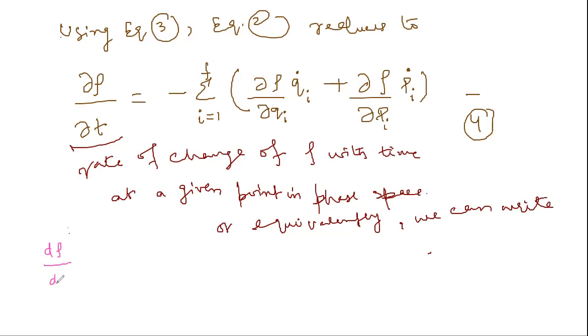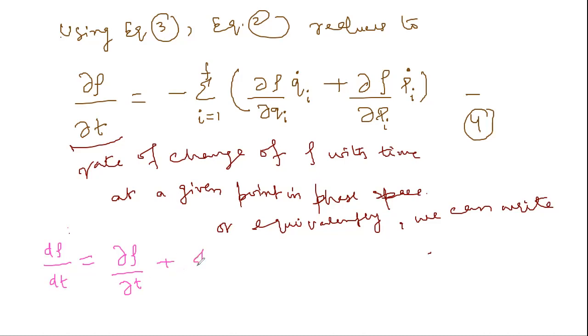Now it is d rho by dt, understand it. It is now the total derivative of density function with time. What it will be, it will have two parts. One, rate of change of rho with time when point is fixed, plus the portion of the change in rho due to the motion of point if we move the point in phase space. We don't keep the point in the phase space fixed, right? What is that term?